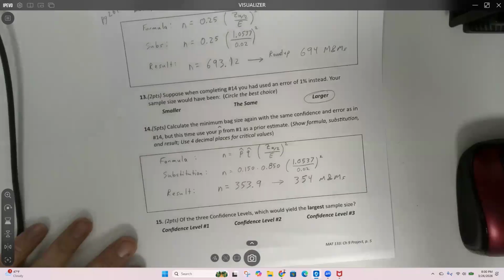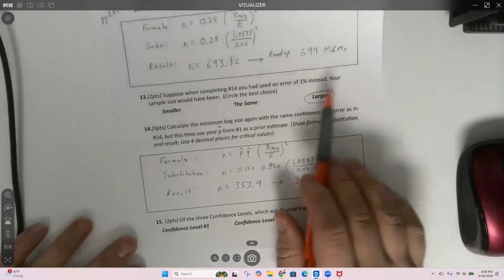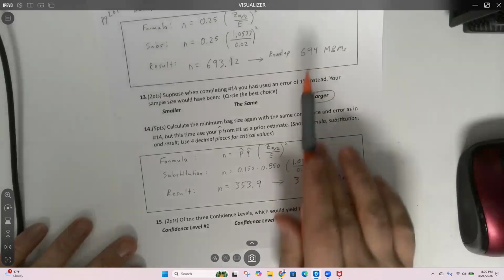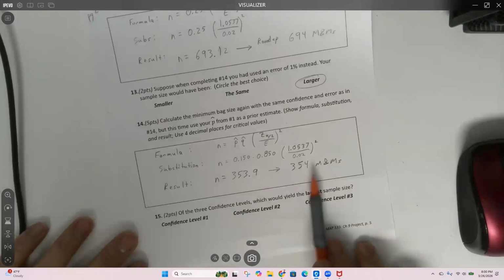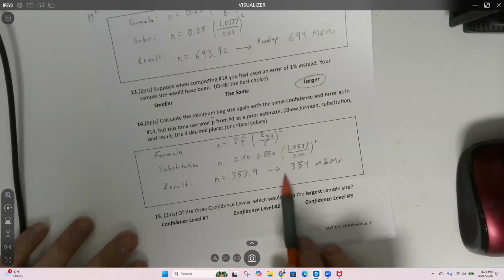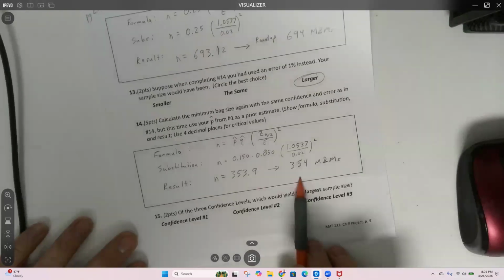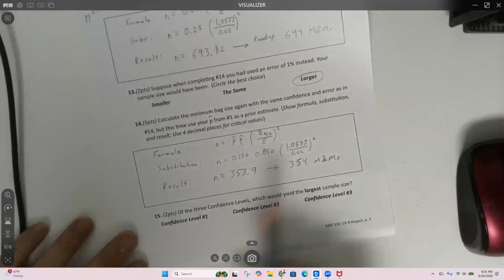I have to have 1,000 vials of the vaccine, so it's going to take longer to produce, right? It's much easier if you have a smaller sample size. So if someone else has run their experiment previously, then it's better and easier if you have a prior estimate because you have a smaller sample size.